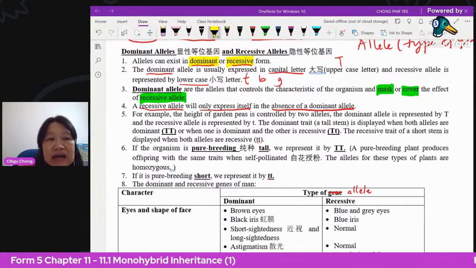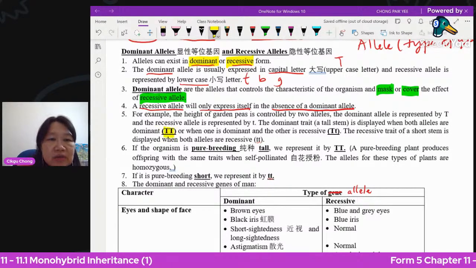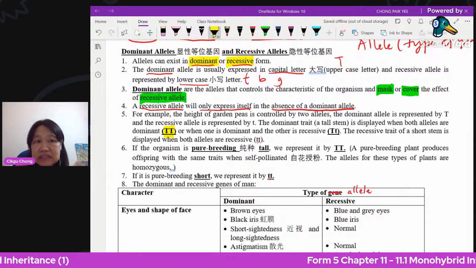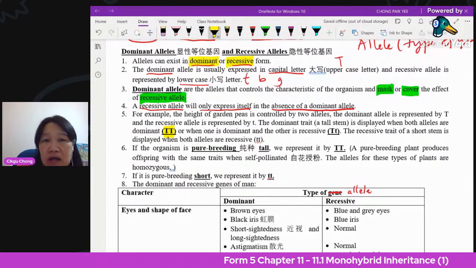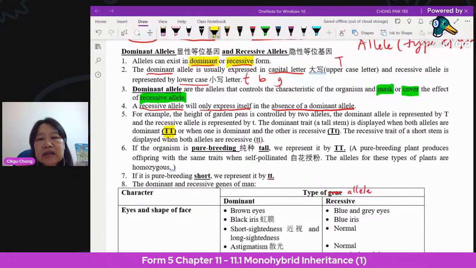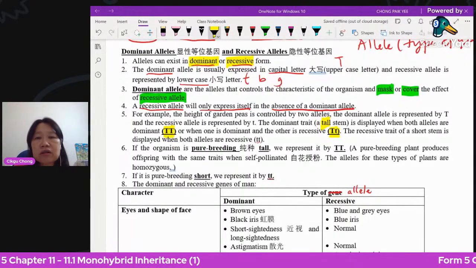One dominant is already strong enough to show. Definitely when two capital T, it will be tall. And if one is capital T and one is small t, it will also be tall.